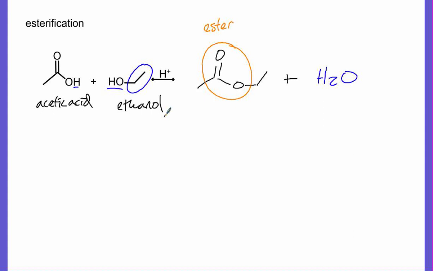So I'm just going to say ethanol, I guess, since maybe that's the way you guys would prefer it. But it really doesn't matter. And I'm going to combine those two things to make an ester and water, but I should be able to name my ester. All you're going to have to do to name an ester is, again, have a branch here that's attached to my carboxylate anion. So if I understand what that carboxylate anion is called, again, since I used acetic acid on the left, I'm probably going to call it an acetate on the right.